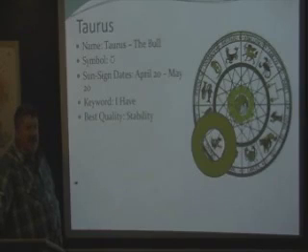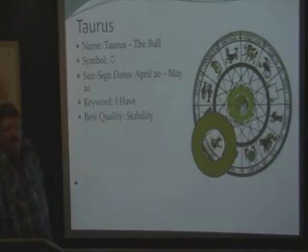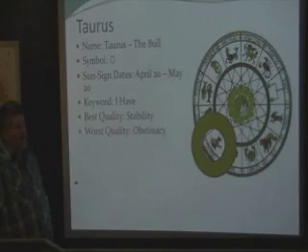We consider the best quality of this to be stability. Taurus is an earth sign, and it is fixed earth. We'll talk about all of these towards the last class. I think in the 5th class, we'll go into the details of fire, earth, air, water, and movable, mutable, fixed. The worst quality, however, is obstinacy.